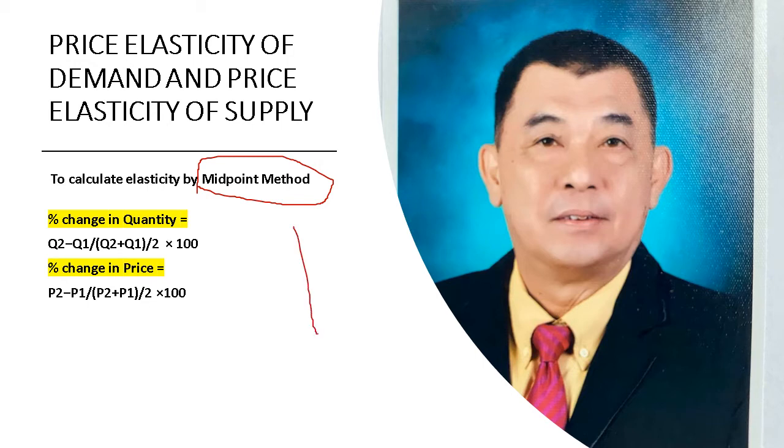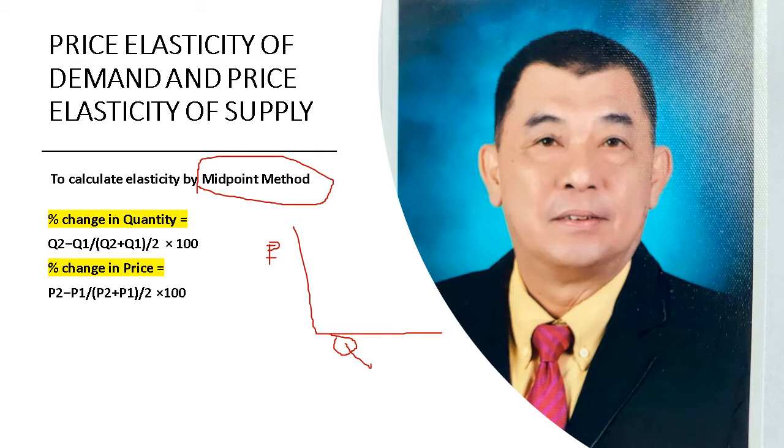Remember the graph, this is quantity, this is price. If you are going to get the percent change in quantity, it is Q2 minus Q1 divided by the quantity (Q2 plus Q1) all over 2, times 100 to make it percent.